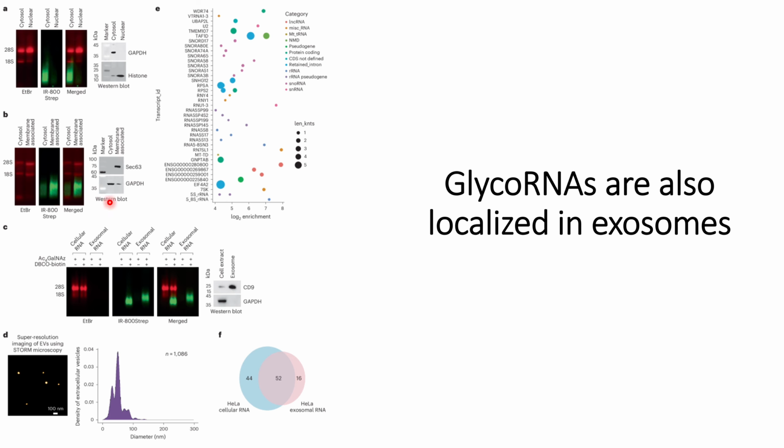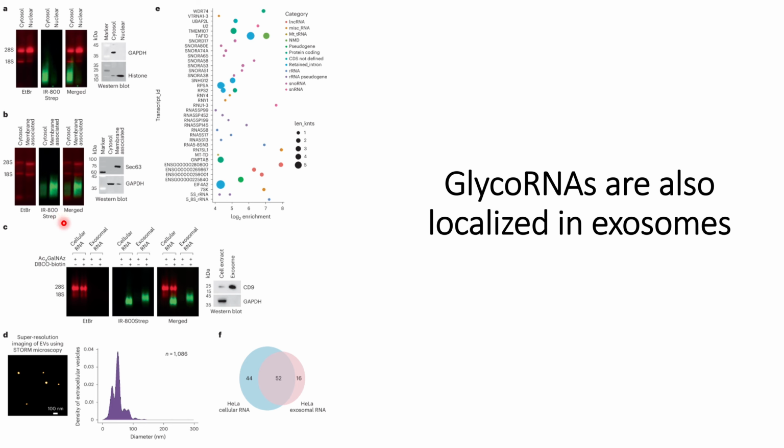Similarly to panel A, they also checked the fractionation quality using a Western blot. They saw that SEC63 is the marker for the membrane-associated cytosol and GAPDH is the marker for the soluble cytosol. So their fractionation quality is also good.